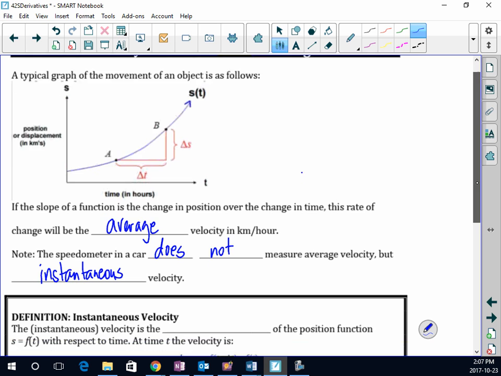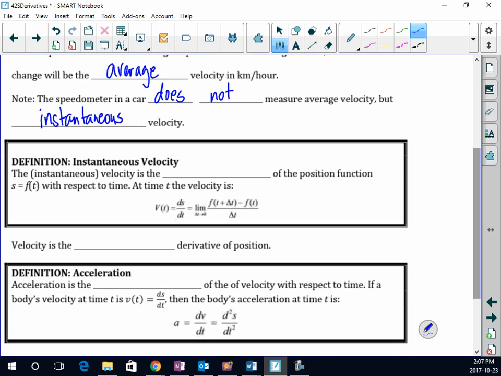So the definition of instantaneous velocity is the derivative of the position s equals f of t with respect to time. So you notice all of this formula is here. So basically the thing you need to get from this is velocity is the derivative of position, right?